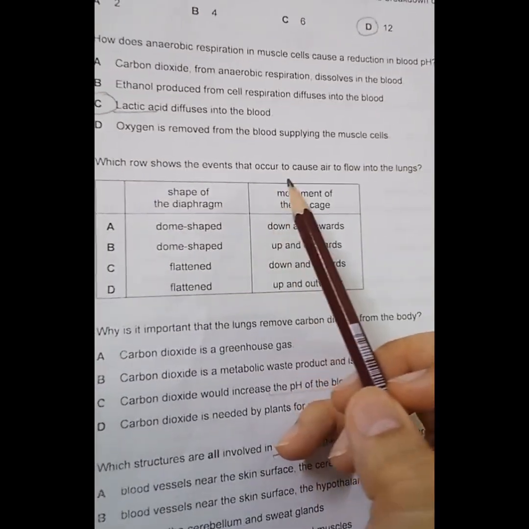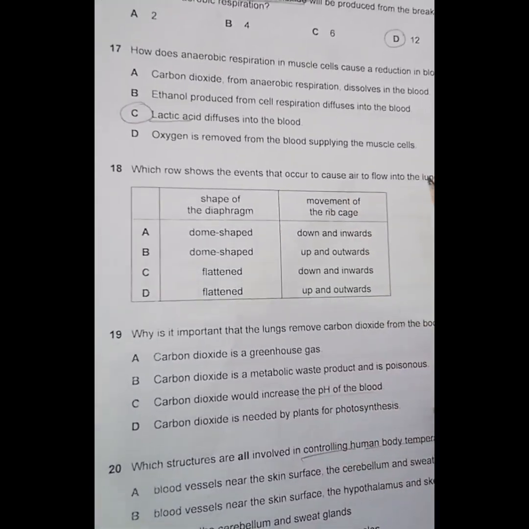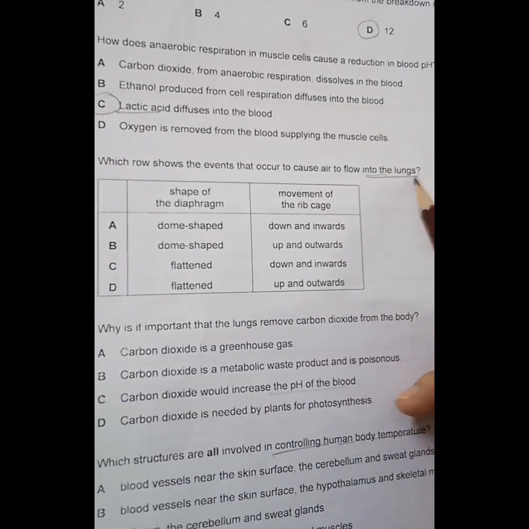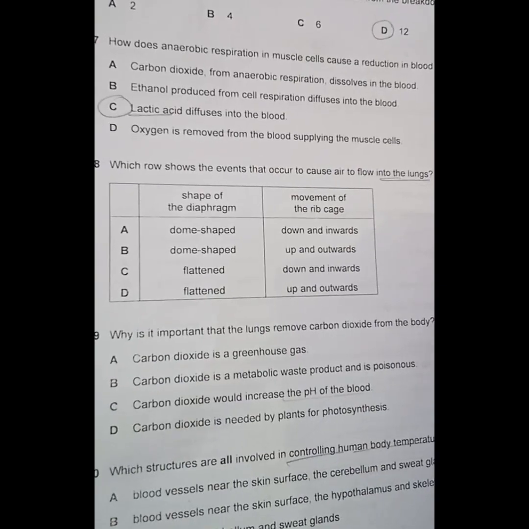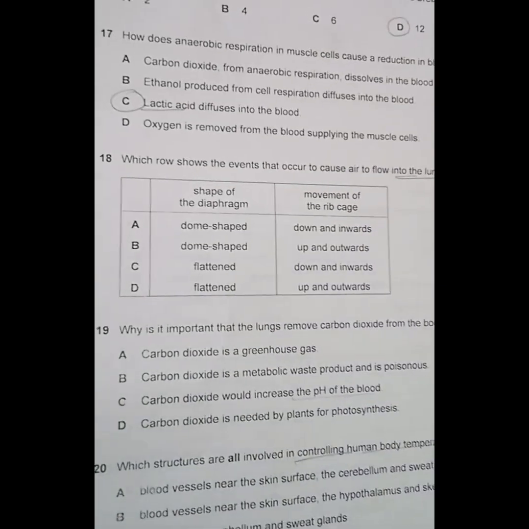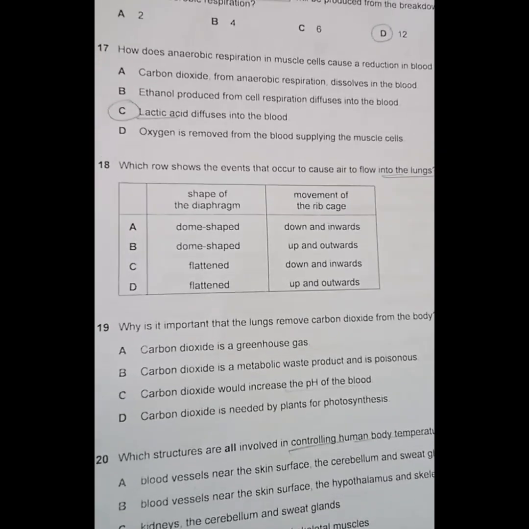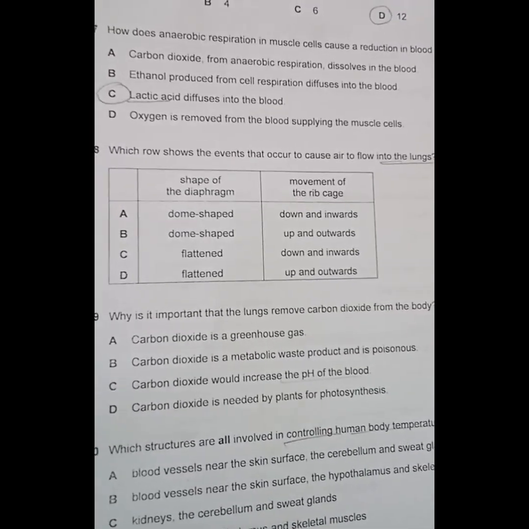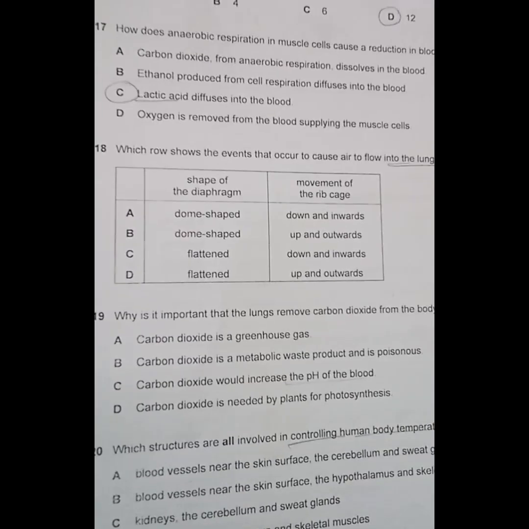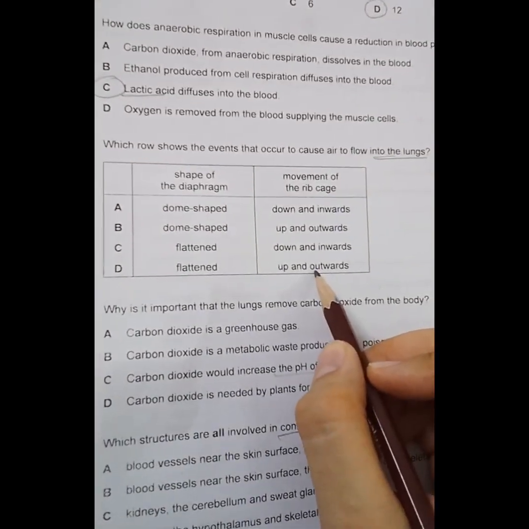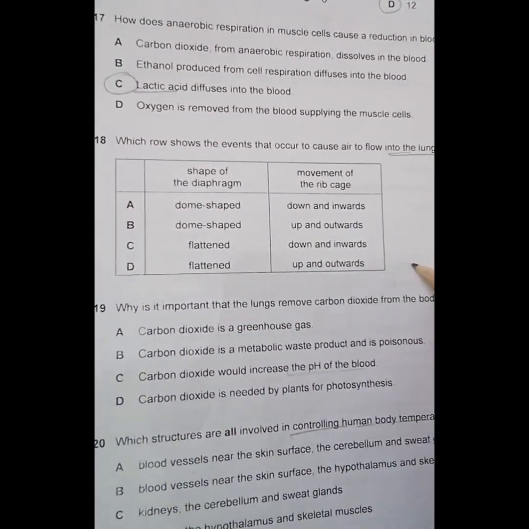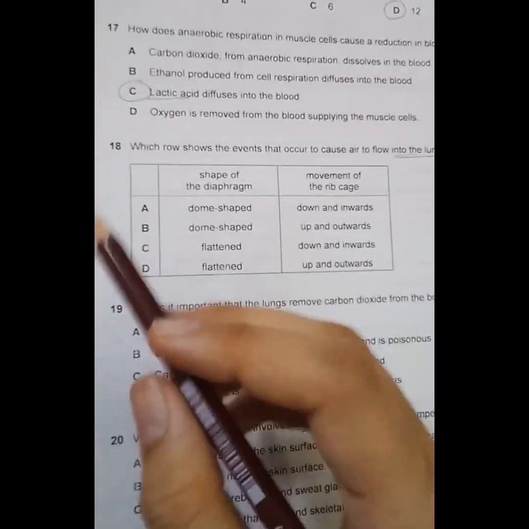Which row shows the event that occurs to cause air flow into the lungs? When there has to be inhalation, fresh arrangements are made in our lungs. The internal intercostal muscles relax. The external intercostal muscles contract. The ribs move upward and outwards, and the diaphragm is flattened as well, so that I can create a greater volume.